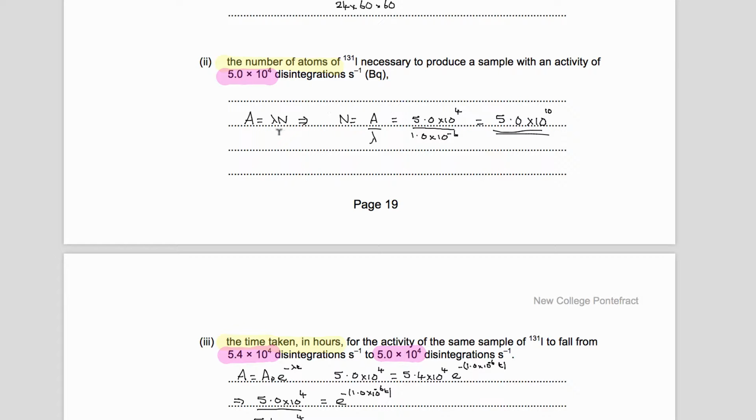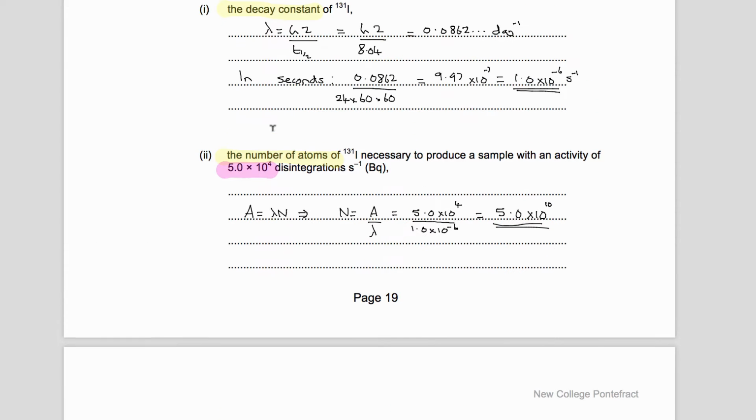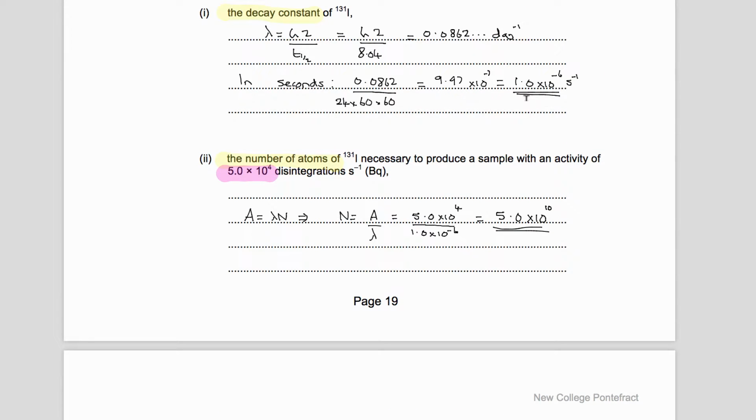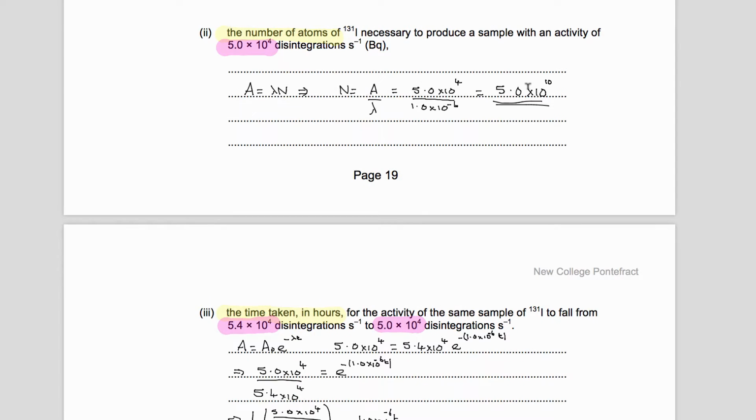Now this only works if the decay constant is in per seconds. So if we'd left it in per days, we would have had to convert it into per seconds anyway. So the activity, measured in becquerel, is equal to the decay constant in per seconds multiplied by the number of atoms or nuclei. If we rearrange this and put our numbers in, that's the activity, that's the decay constant we worked out, it gives us a number of atoms of 5.0 times 10 to the 10.